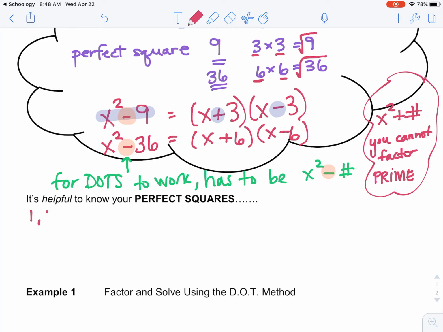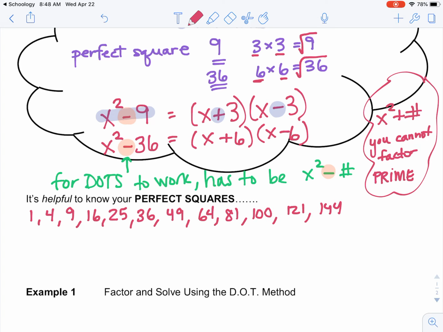We have the number 4, 2 times 2, 9, 16, 25, 36, 49, 64, 81, 100, 121, 144, right, etc. Usually we have 1 through 12 memorized. So this is like saying 1 times 1, right? 36, 6 times 6, 81, 9 times 9, etc.